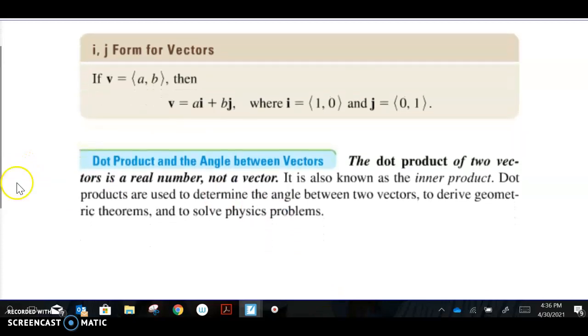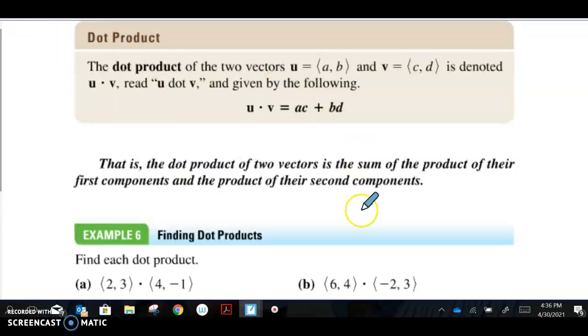Okay, there's a dot product of two vectors. Sometimes it's called the inner product, and it's used to determine the angle between the two vectors. They're also used a lot in physics, the dot product. Okay, so this is how you multiply two vectors. You take a times c plus b times d. That's the dot product.